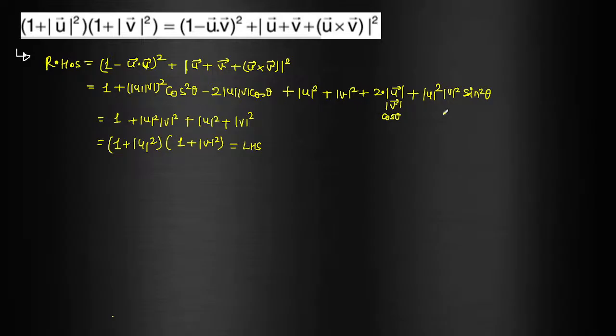This and this will get cancelled. We have cos square plus sin square as 1. So u square plus v square plus u square plus v square. Take u square common, it is 1 plus v square, which is (1 plus u square) into (1 plus v square).